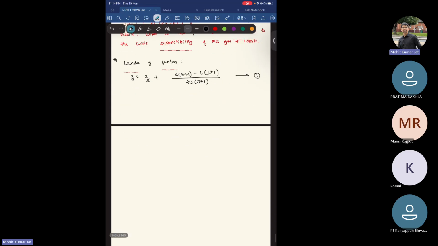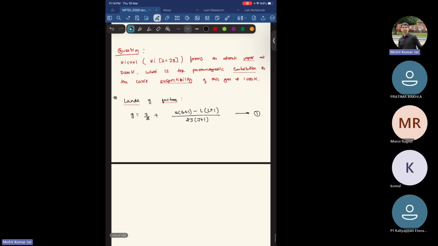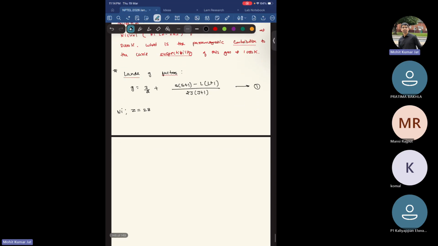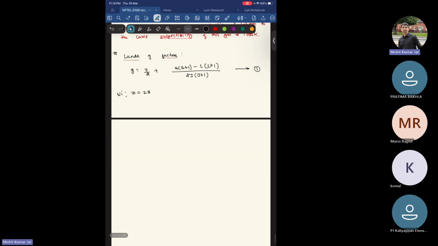In this case, for nickel, the atomic number Z is given, Z equals 28, and this tells us that the shell is filled like argon, 3d8 and 4s2.